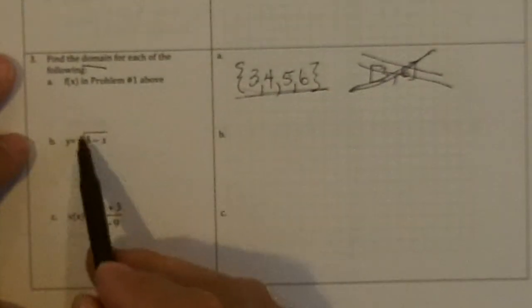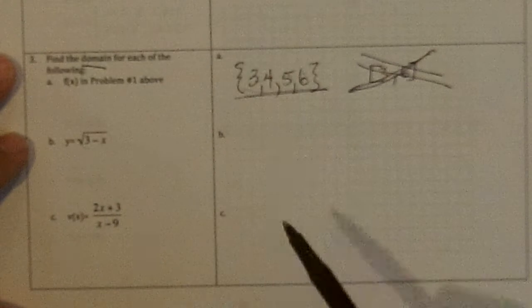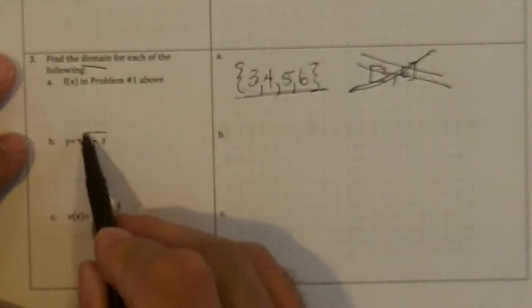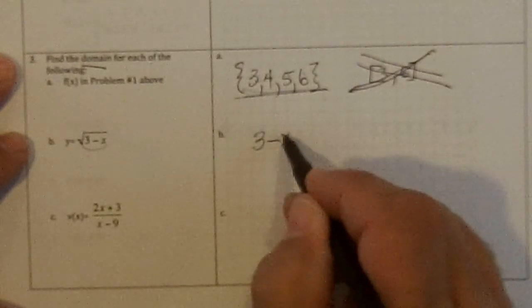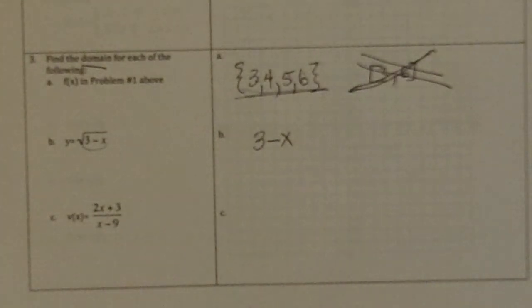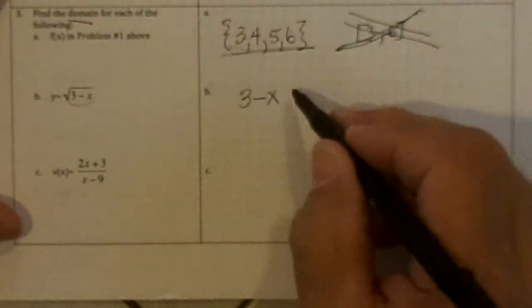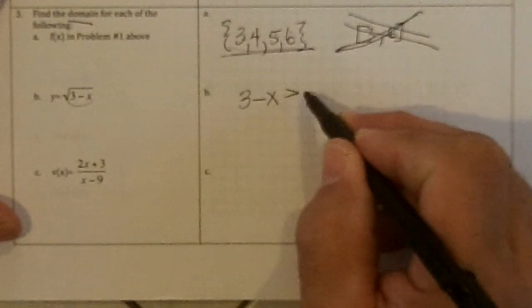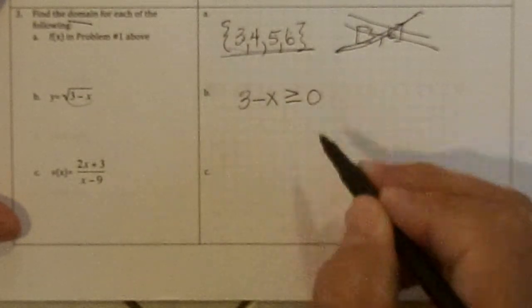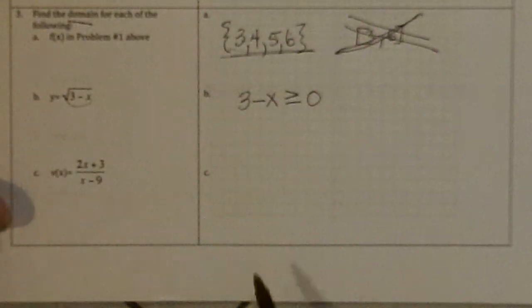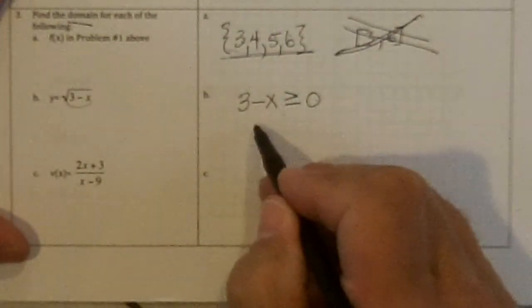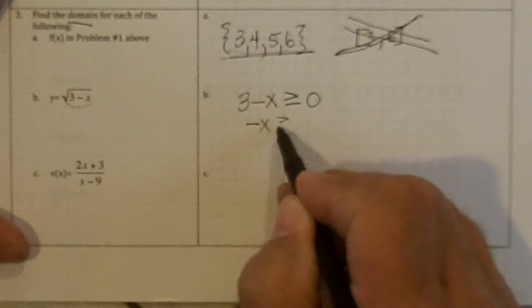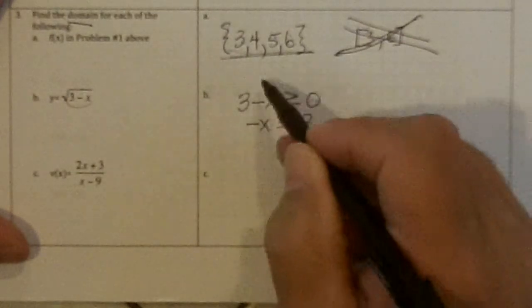Okay, square root. The only thing about square roots is you cannot take the square root of a negative number, so that 3 minus x cannot be negative. If it's not negative, then it's either greater than 0, which means positive, or equal to 0. It just can't be negative. Now, if I subtract 3 from both sides, I get negative x greater than or equal to negative 3.